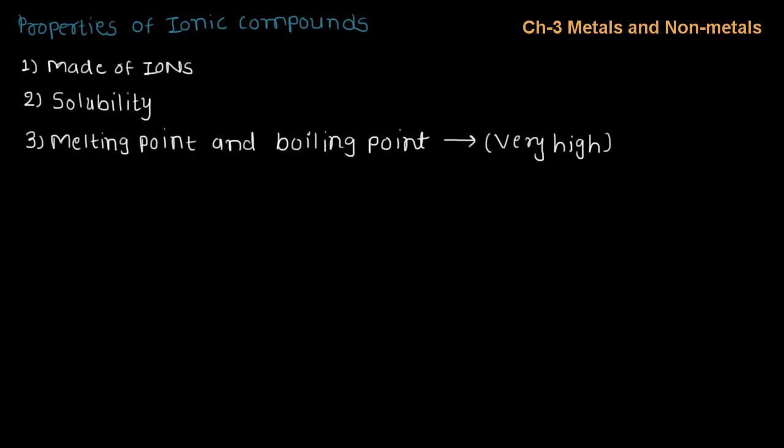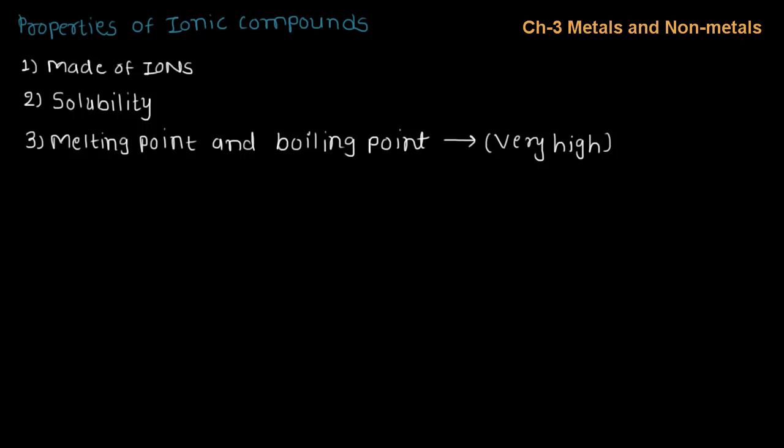The force of attraction between ions of ionic compound is very strong. Why is it strong? Let us understand. When two ions are kept very close, then the electrostatic force between them is very high.